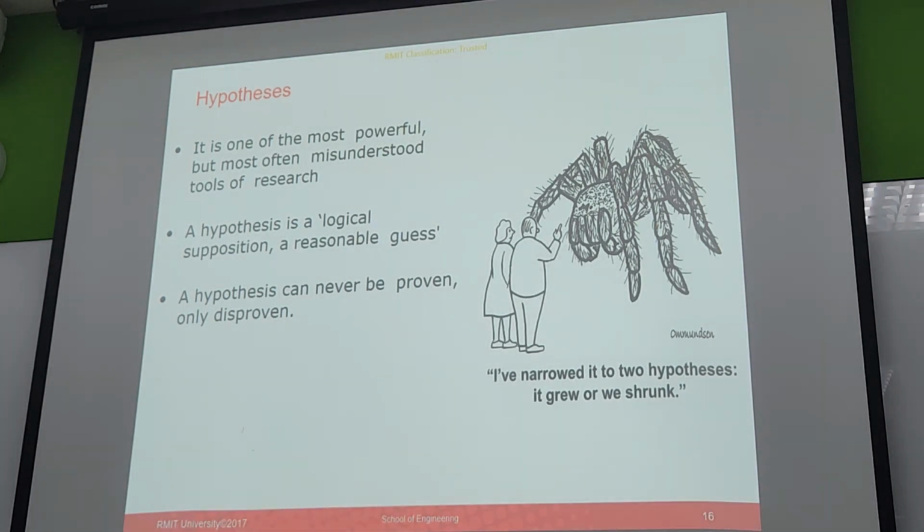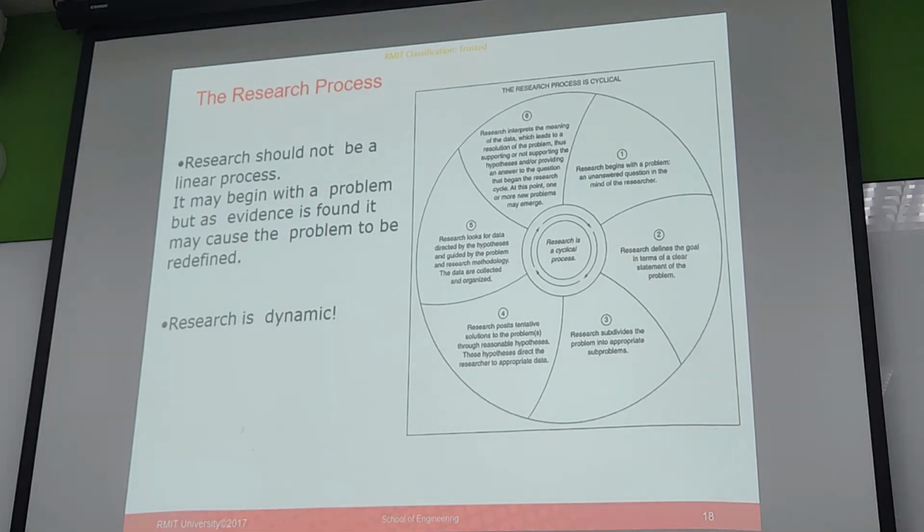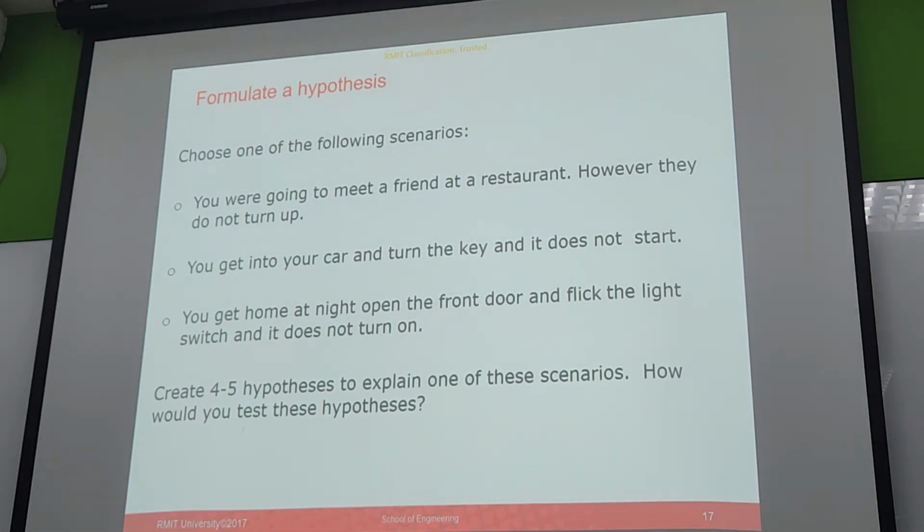We call it hypothesis. But the conclusion and the result based on the experiment, it is theory. This is the difference. So you have to formulate the hypothesis, and then you work from that.